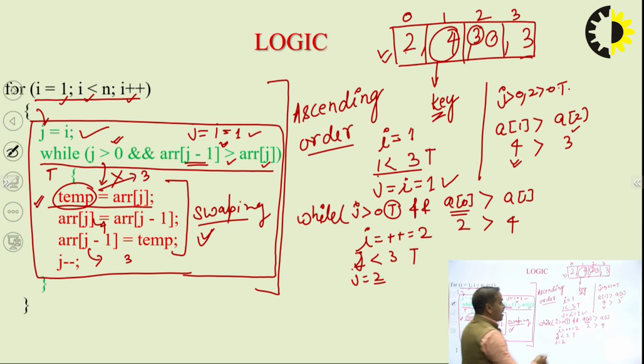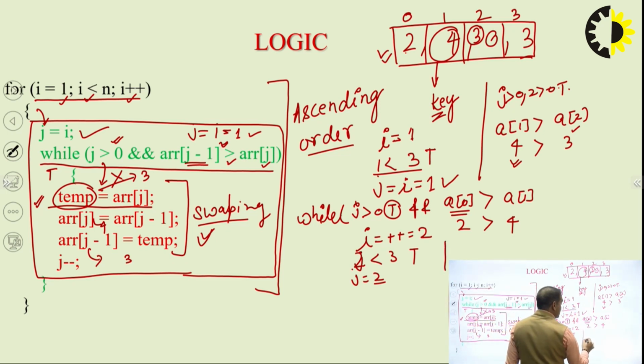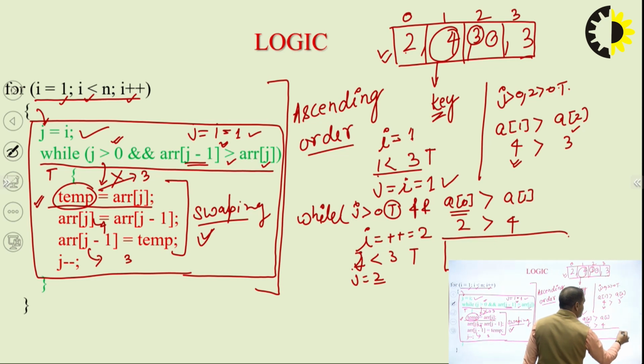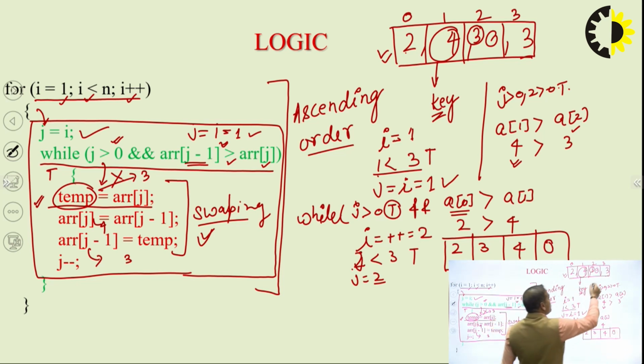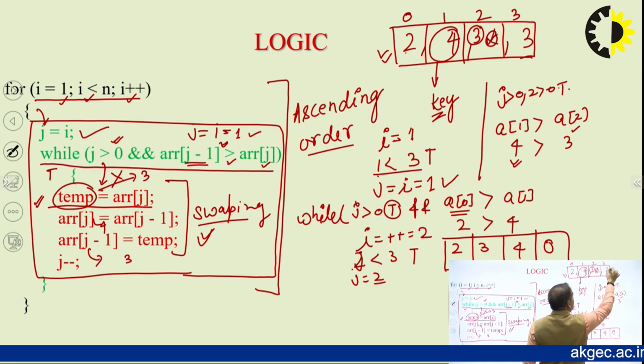That means after executing this condition, the output of the array is 2, 3, 4 and 0. Here we have taken the array, here is the 0 and here is the 3.